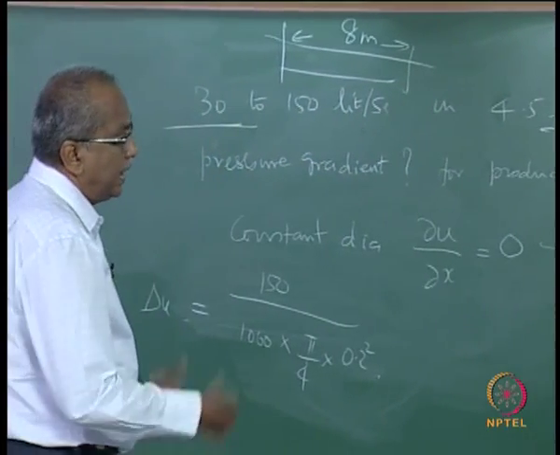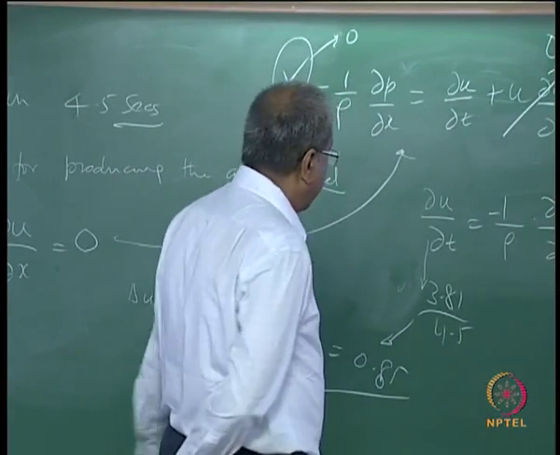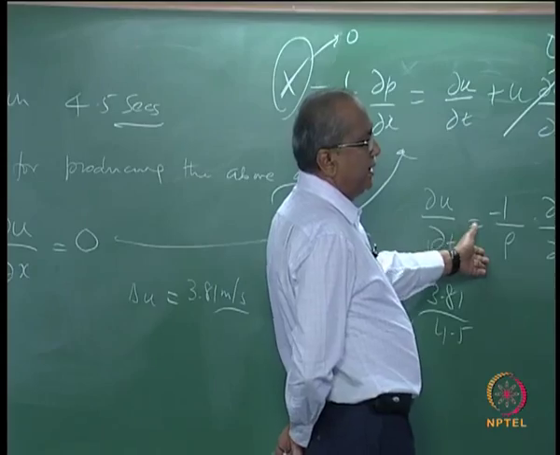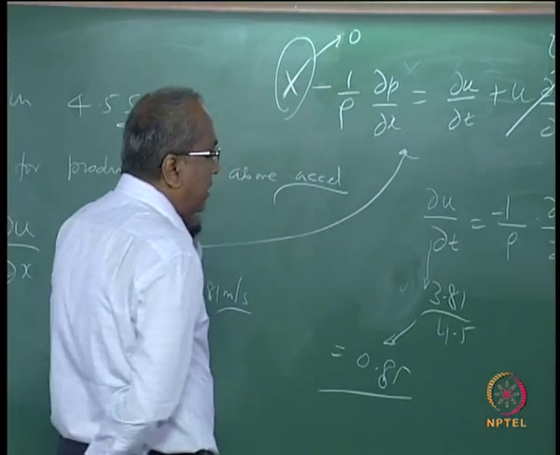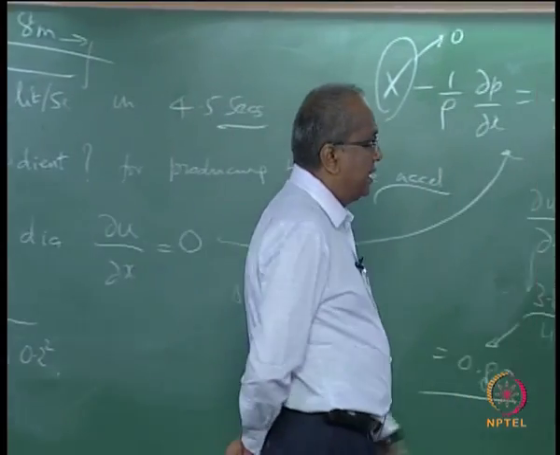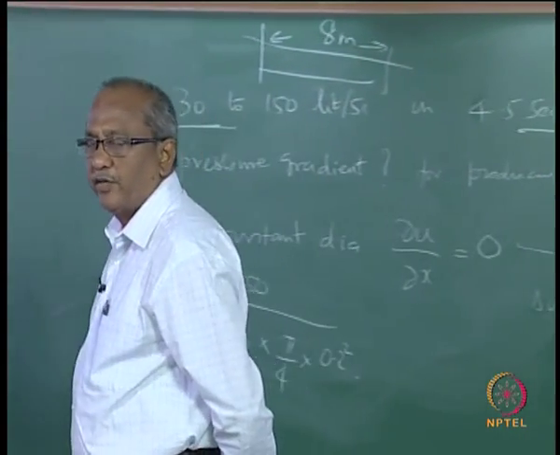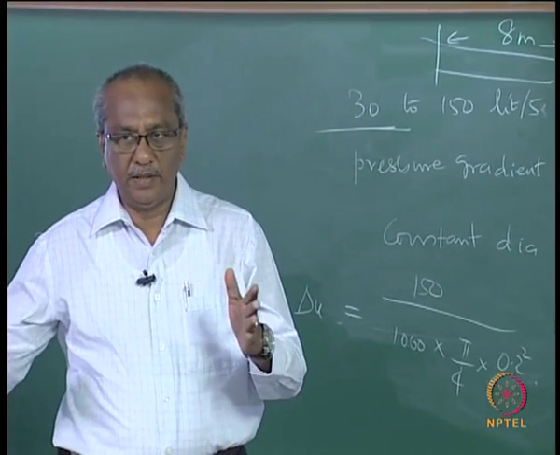Now what we are supposed to calculate is the pressure gradient, so use the same expression. You get the pressure gradient as minus 847 newtons per meter square per meter.